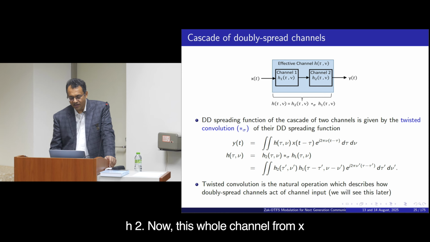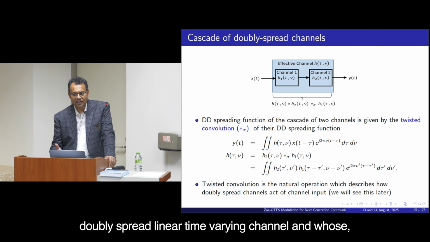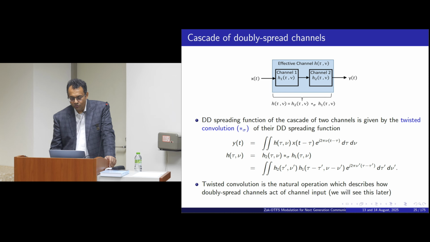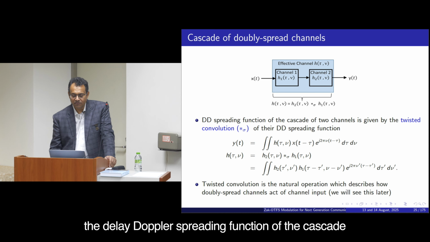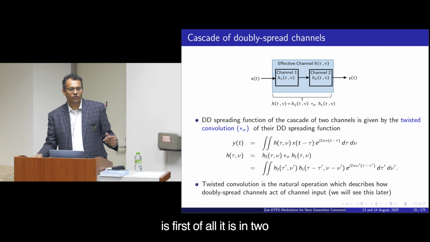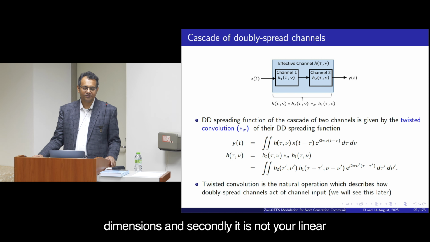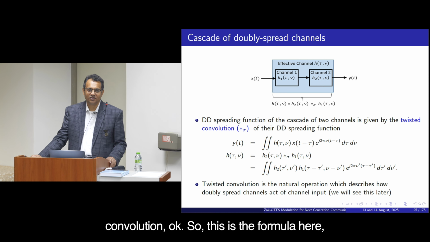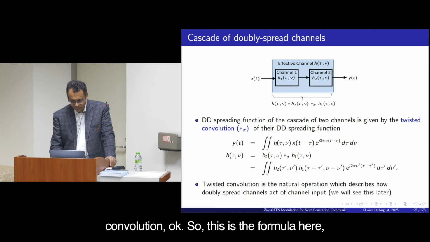Now this whole channel from x(t) to y(t) is also a doubly spread linear time varying channel, and this h(tau, nu) is the delay Doppler spreading function of the cascade, and that is given by a convolution of h2 with h1. But this convolution is, first of all, in 2 dimensions, and secondly, it's not your linear convolution. Okay, so this is the formula here.